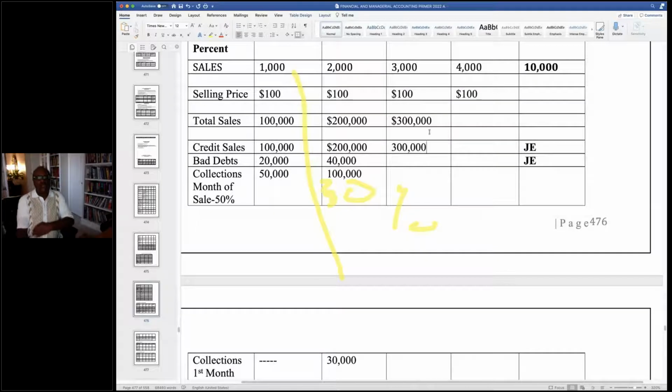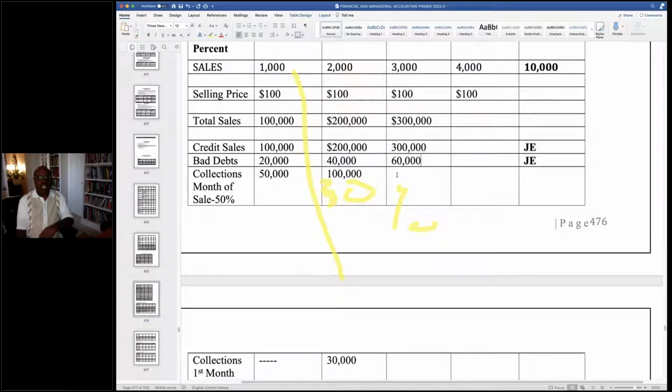Now, bad debts are gonna be how much? 20%, so that's gonna be what? 60,000. What's 2 times 3? 6. There's 60,000.